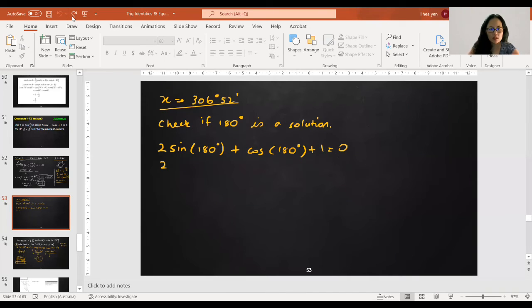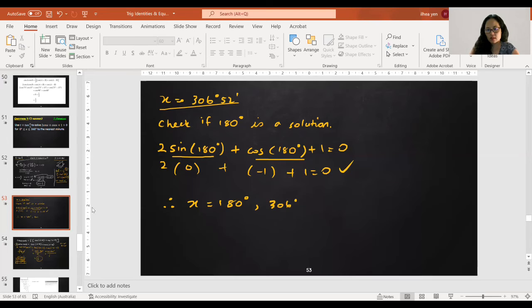So let's check. That is 0 plus this is minus 1. So that's correct. Therefore, the complete solution is x equals 180 as well as 306 degrees and 52 minutes. Make sure you check 180 at the end.